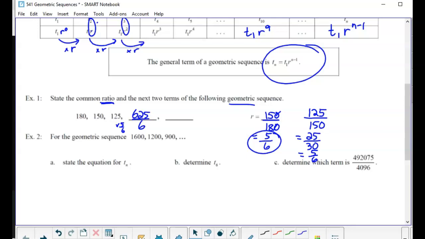And then multiply by 5 over 6 again. Oh, what's 625 times 5? It's 3,125 over 36. And that's that.